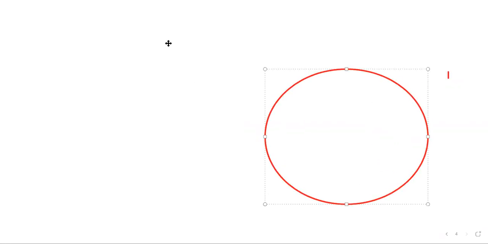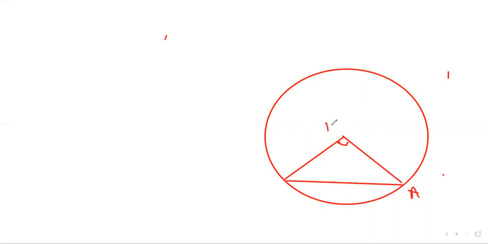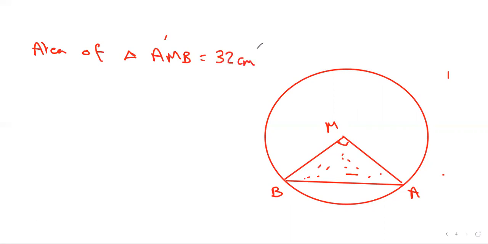Now let's look at question 15. It's a circle, and the area of the right angle triangle AMB is 32 centimeters squared.